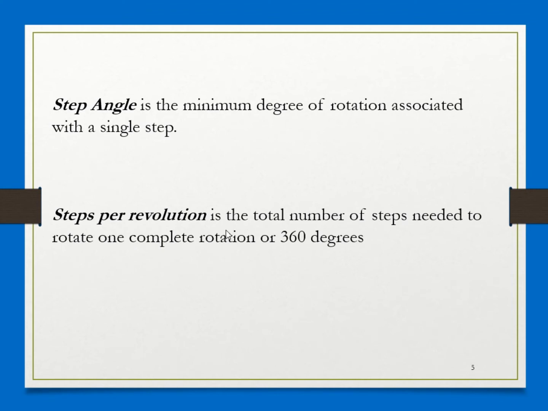So steps per revolution is the total number of steps needed to rotate one complete rotation or 360 degrees. There are various step angles popular in simple motors, like you can have 90-degree rotation or 45-degree rotation or 15-degree. As I mentioned, the popular standard motor will have a step angle of 1.8 degrees with 200 steps per revolution.